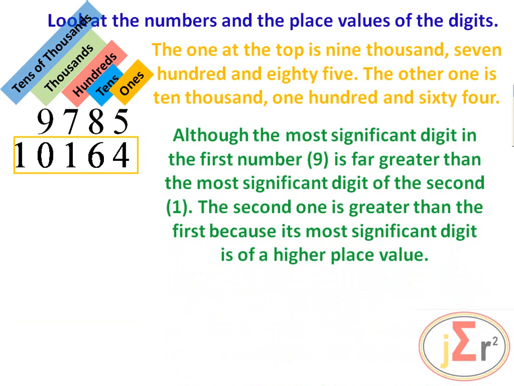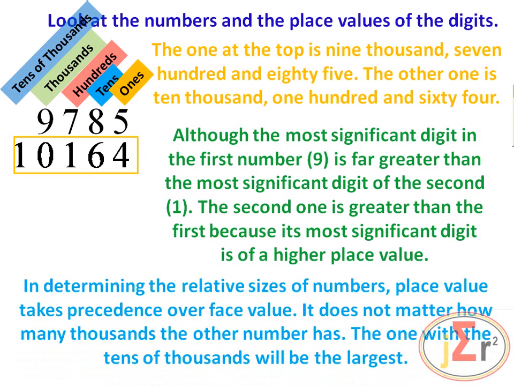Although the most significant digit in the first number, which is 9, is far greater than the most significant digit of the second, which is 1, the second one is greater than the first because its most significant digit is of a higher place value.